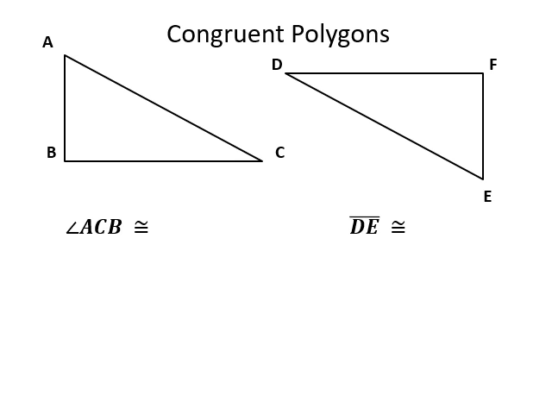So taking a look at these two triangles, ACB and DEF. Remember, that angle is going to be angle ACB. Looking on the other side, it's going to be congruent to angle EDF.